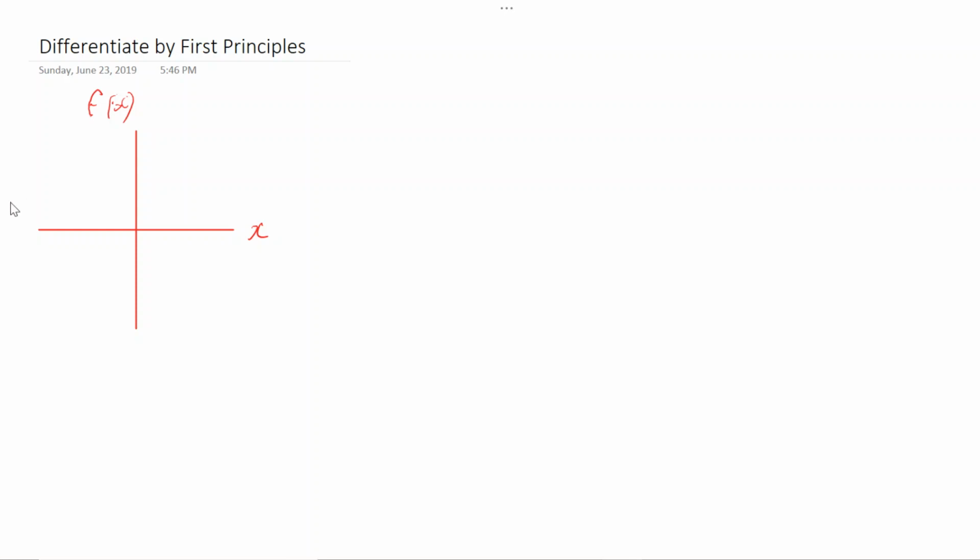So, the basic premise of this is you're finding the instantaneous rate of change, as we did last time. Say you've got just a little parabola, f of x equals x squared plus 2x.